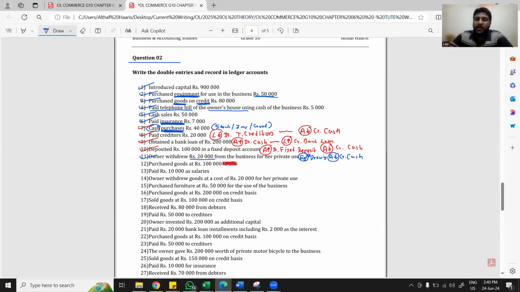Purchase of goods. If they say just purchase of goods, that is a cash purchase. This particular transaction in our last class also we discussed. From one side, your cash asset is decreasing. So asset decreases, credit.